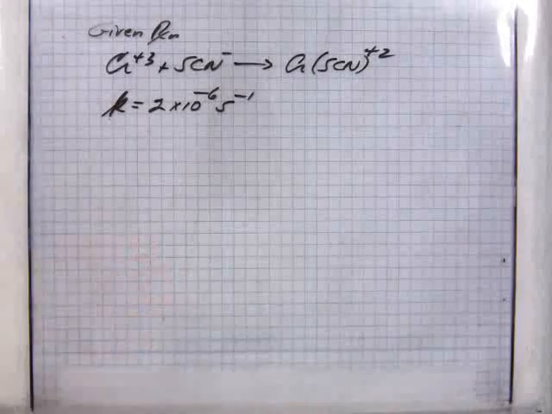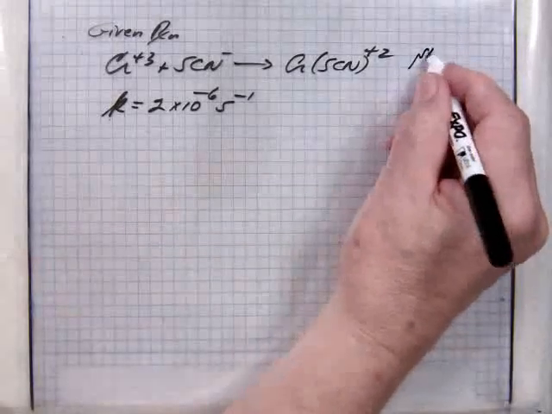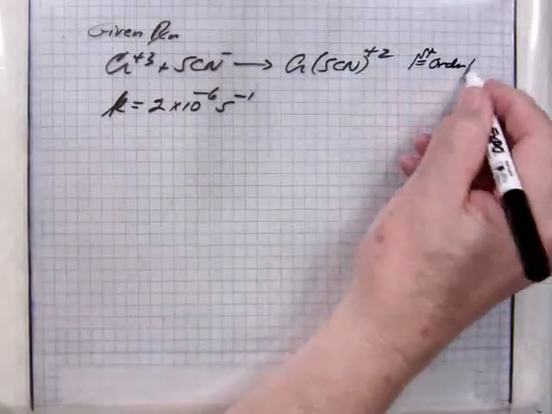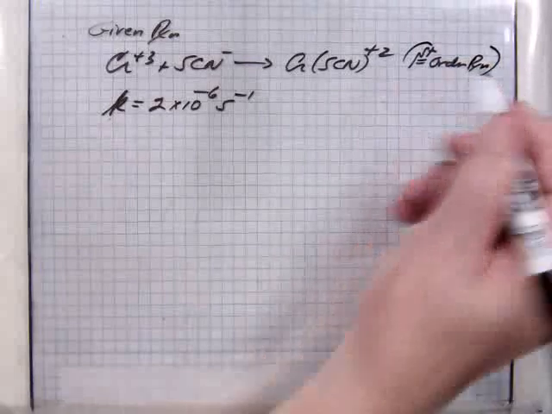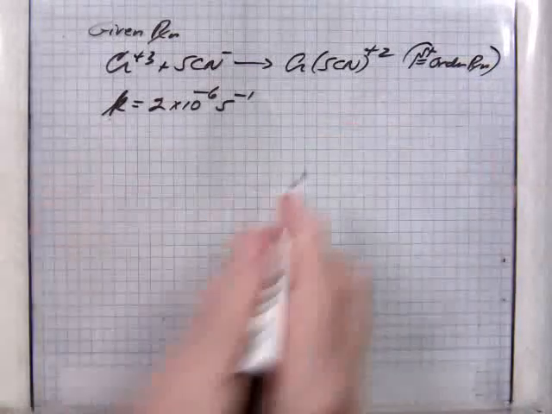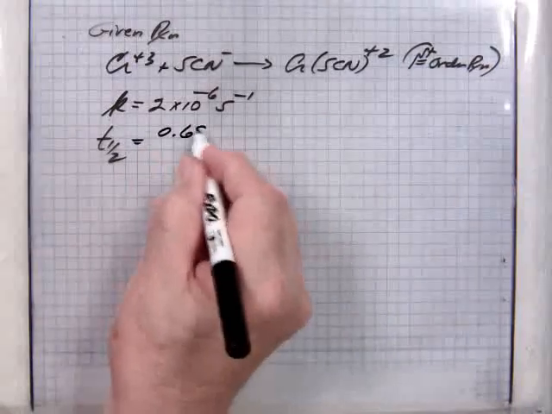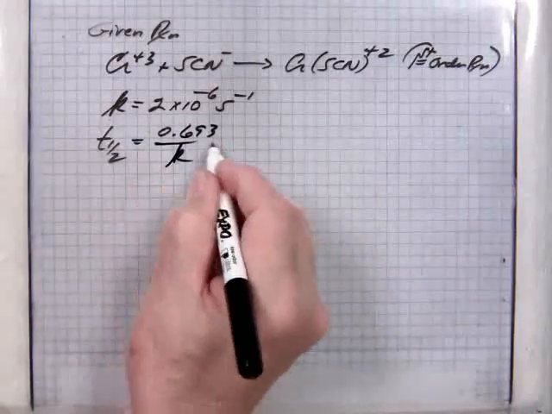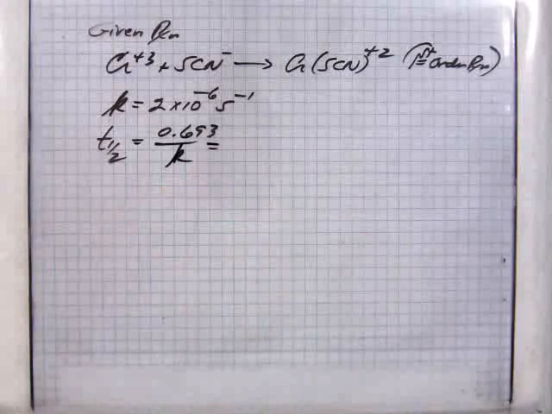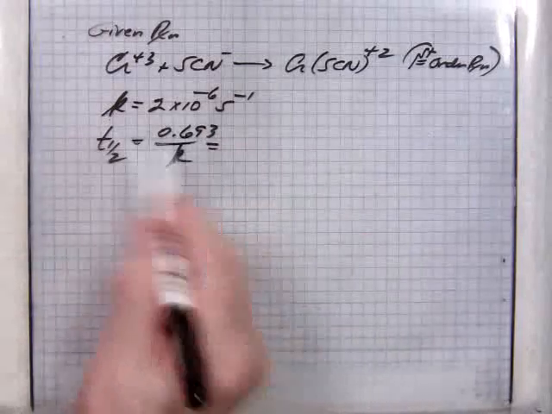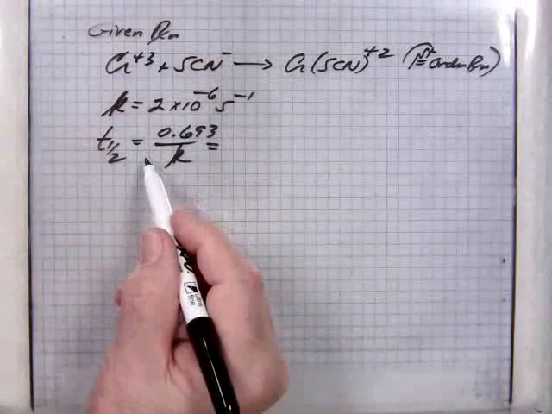Okay, in a first order reaction, remember half-life is constant and it's given by 0.693 over whatever the rate constant is. You memorize that expression I gave you. I said there are two formulas you need to work with.